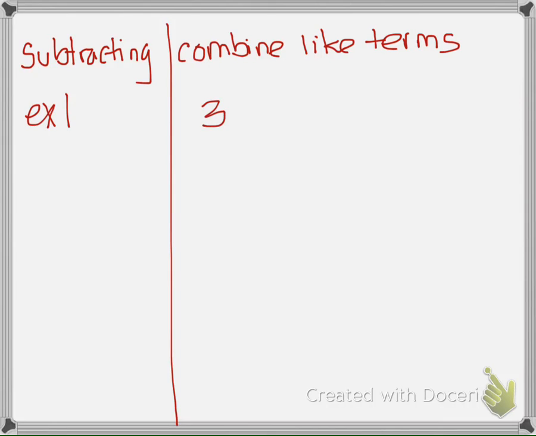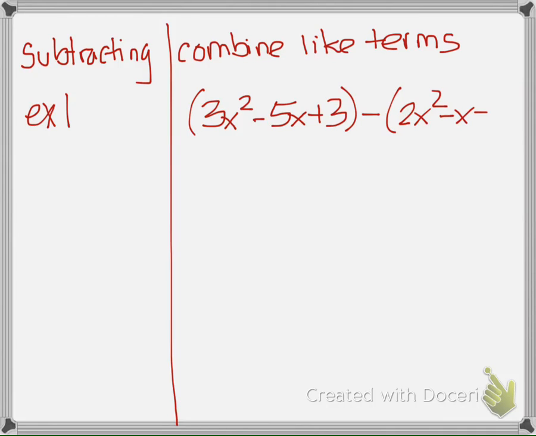In example 1, I have 3x squared minus 5x plus 3, and I want to subtract 2x squared minus x minus 4. I want to remind you when you're solving a problem like this that you do need to distribute, that there is an invisible 1 out in front of your parentheses, and that negative 1 gets multiplied by everything inside the parentheses.